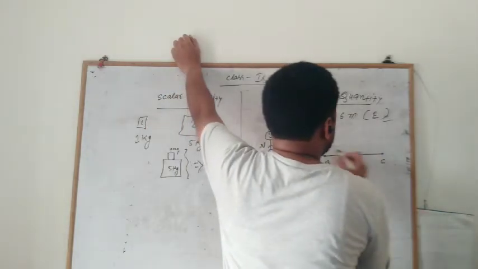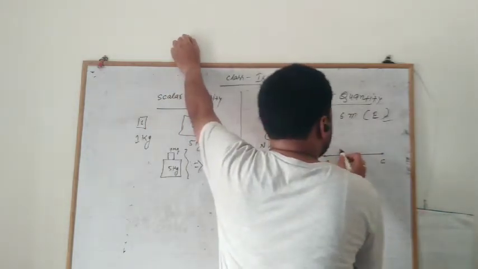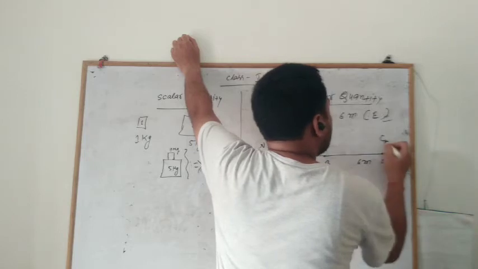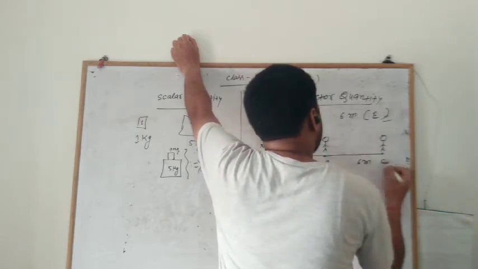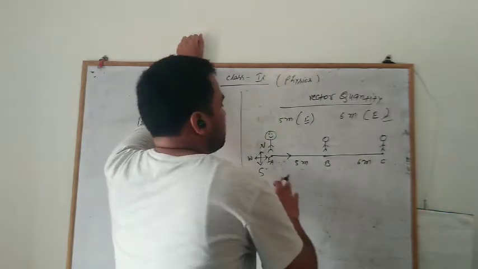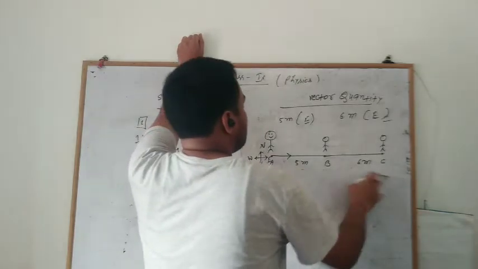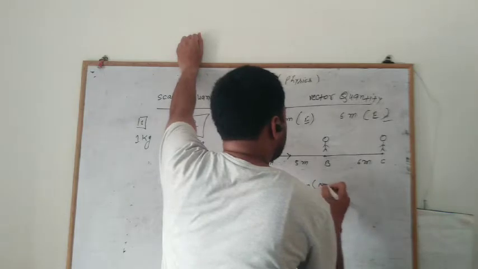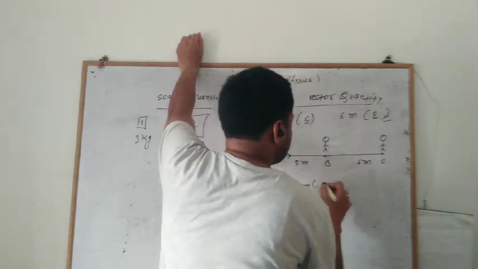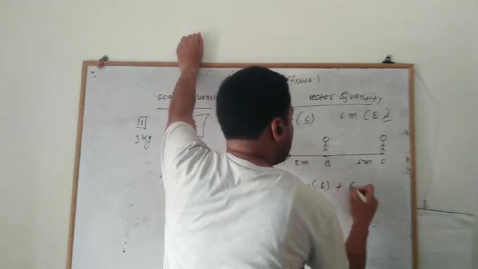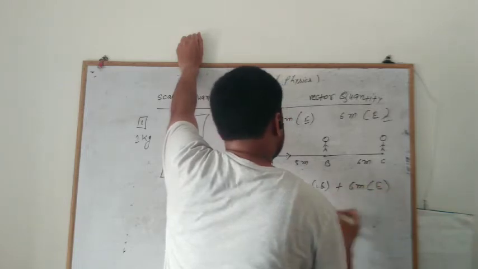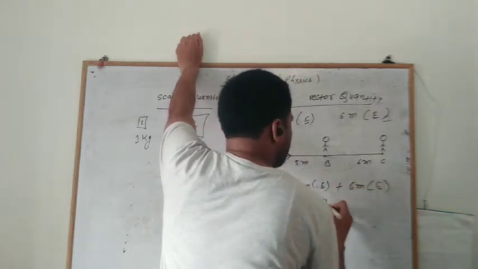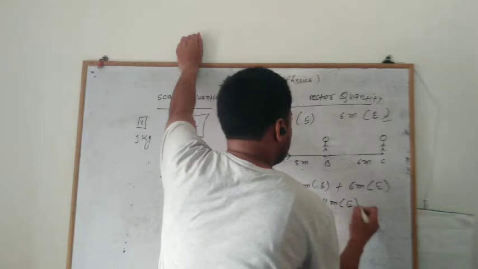Again from point B to C, Ram is displaced 6 meters, and finally reaches point C. What is the total displacement from A to C? It is 5 meters in that direction plus 6 meters in that direction, so the total displacement is 11 meters in that direction.